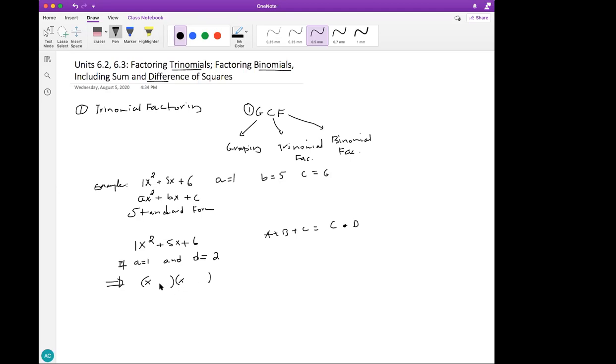Does anybody know how to get these numbers here before I explain it? So we need a couple of numbers to put here, and then the factoring is done.